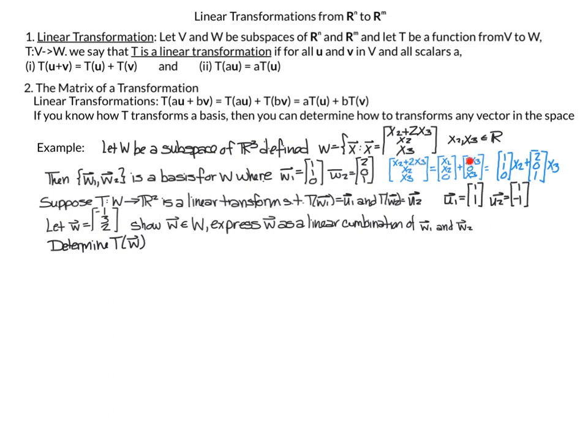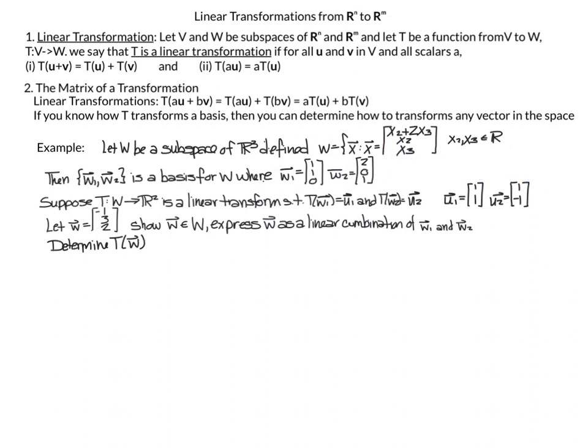There's 2x3 in the first coordinate, no x3 terms in the second coordinate, so we put 0, and then there's 1x3 in the third coordinate. Then the last thing we do is pull out the x2 and x3, and we're left with (1, 1, 0) and (2, 0, 1). So these two vectors form our basis for W, because any vector in W can be written as a linear combination of (1, 1, 0) and (2, 0, 1).